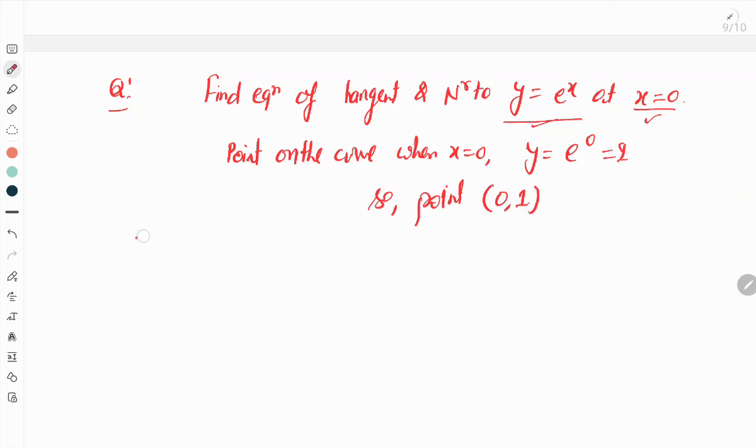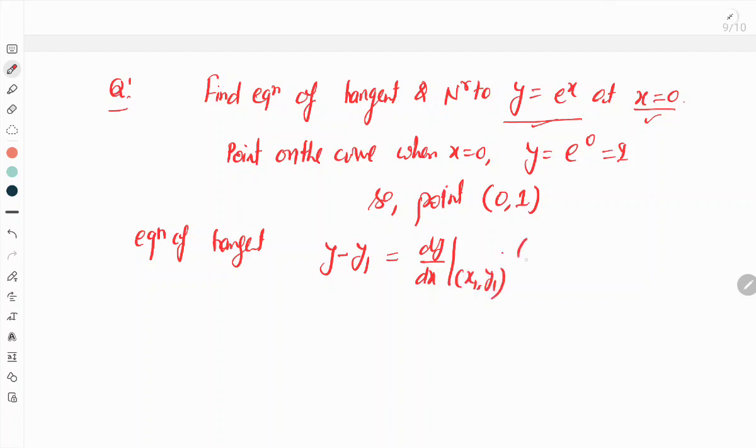Now the equation of tangent: y minus y1 is equal to dy by dx at point x1 comma y1 into x minus x1.